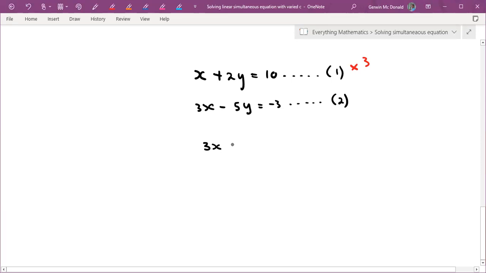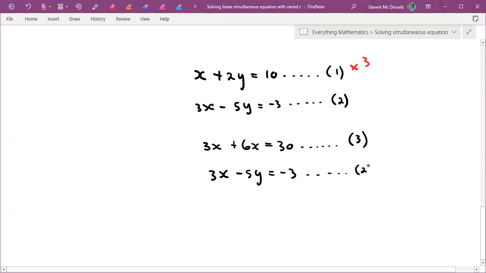3x plus 6y equal to 30. 3 times 10 is 30. And that will be equation 3. And then we have equation 2 still, which is 3x minus 5y equal to minus 3.